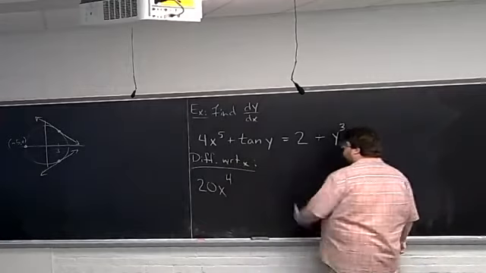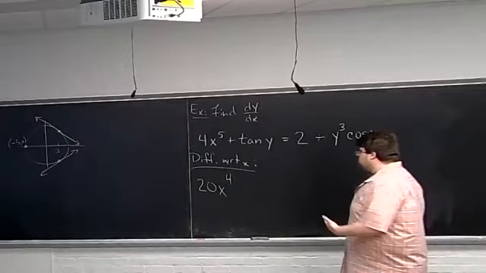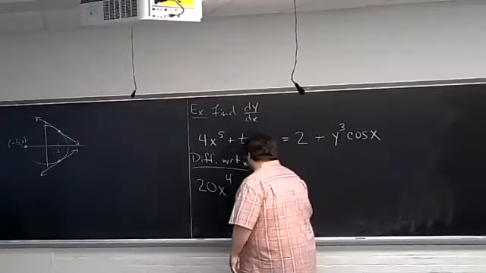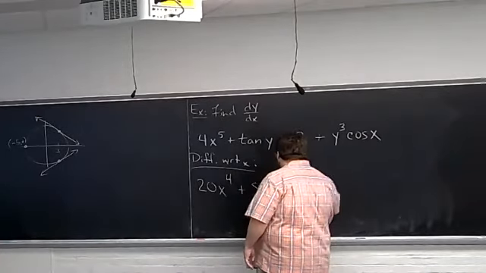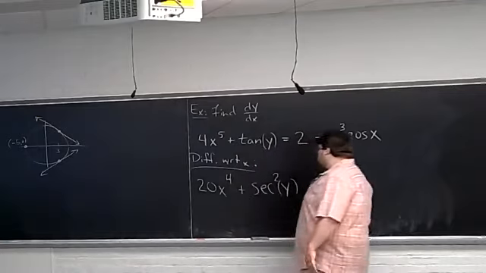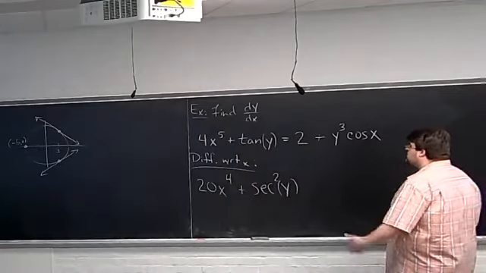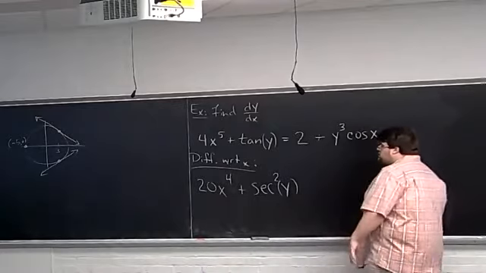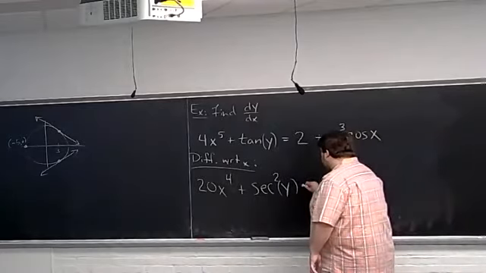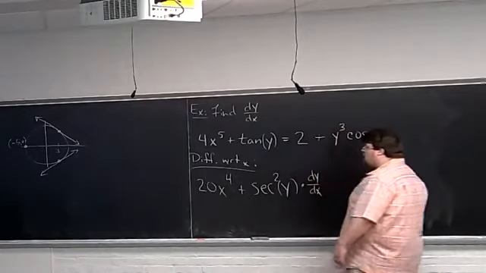We have here a tangent function. The derivative of a tangent function is a secant squared. So we have secant squared. I'm going to put parentheses on the y. The derivative of a tangent function is a secant squared function, but differentiating a y piece with respect to x, you need to throw a dy/dx on that.